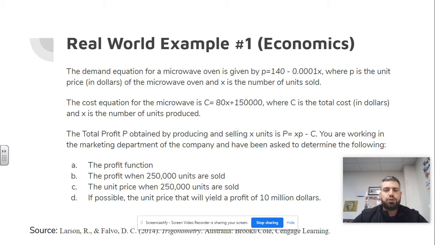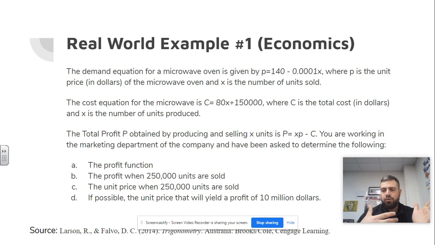So let's look at our first problem. The first problem we're going to look at is towards economics, right? It talks about profit and predicting profits. So here it is. It says the demand equation for a microwave oven is given by little p equals 140 minus 1/10,000th x, where little p is the unit price in dollars of a microwave oven, and x is the number of units sold.